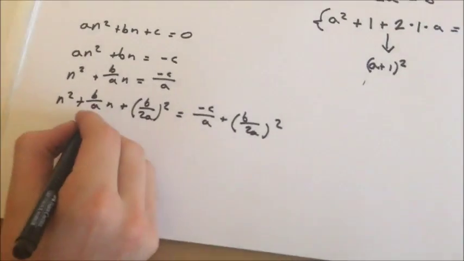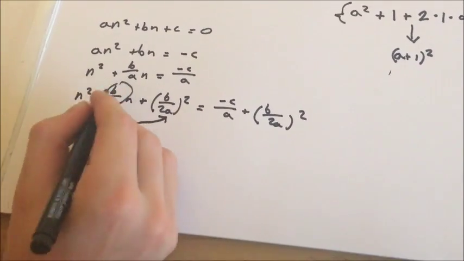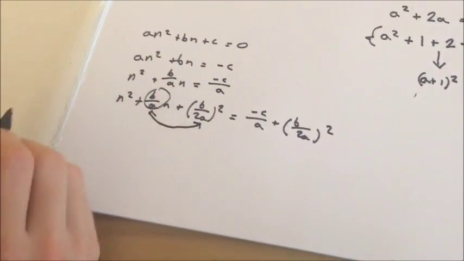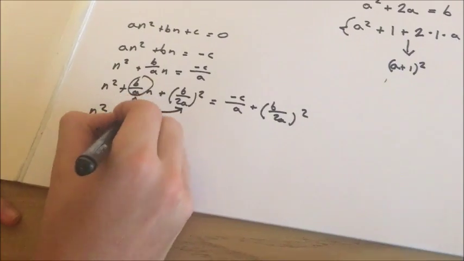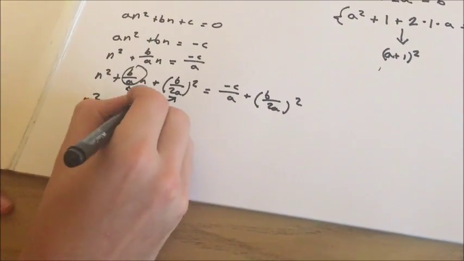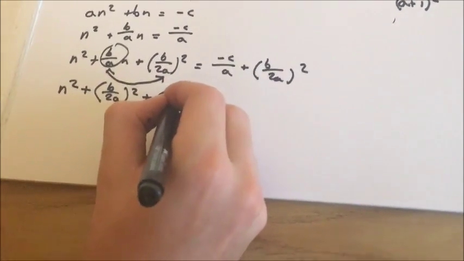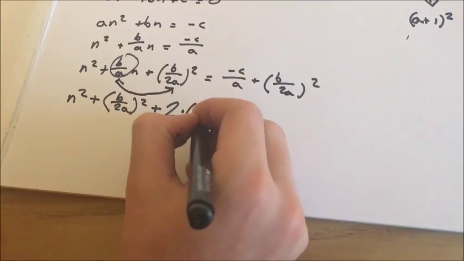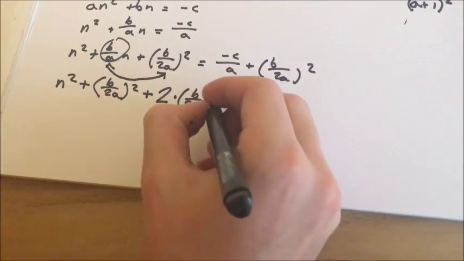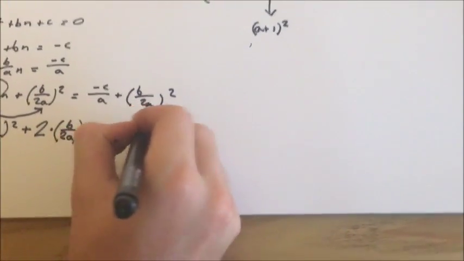I'm going to switch these two terms over, and with this one here, I'm going to halve it and then double it again. So what we're left with is x squared plus (b over 2a) squared, plus 2 times b over 2a x, and that is equal to, again, negative c over a.